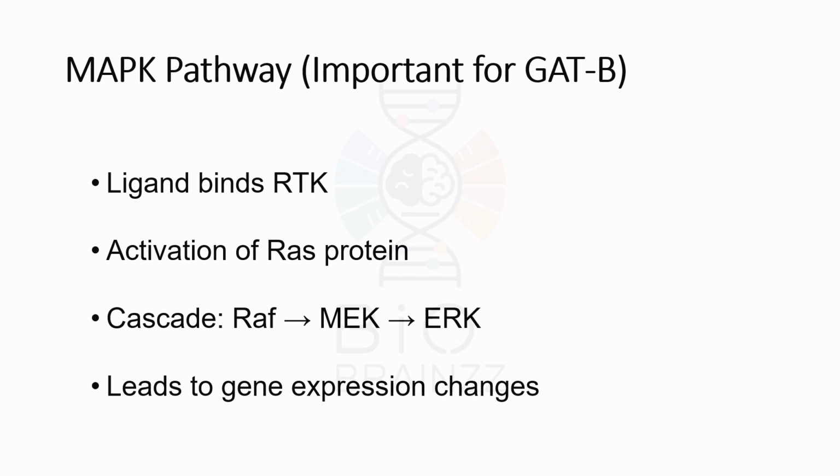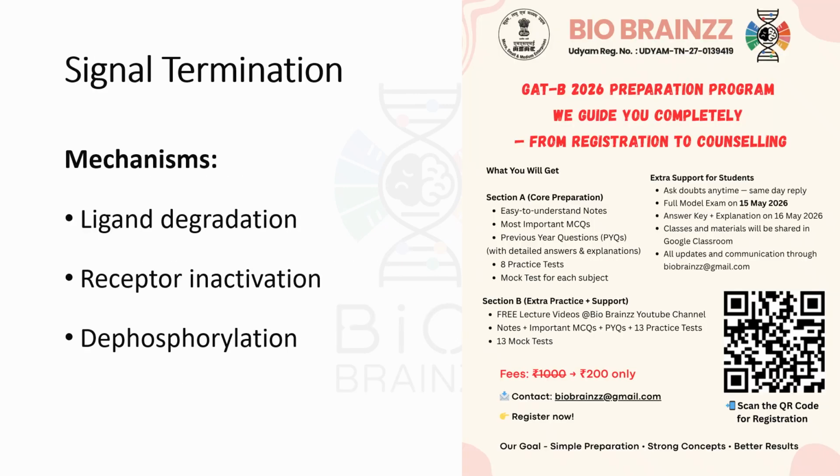Then a cascade of proteins is activated in sequence: RAF, then MEK, and then ERK. Finally, ERK enters the nucleus and changes gene expression. This pathway is very important for cell growth and differentiation, and its mutation can lead to cancer.